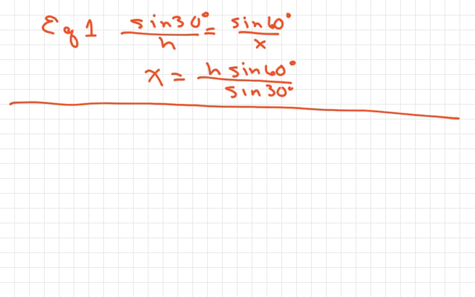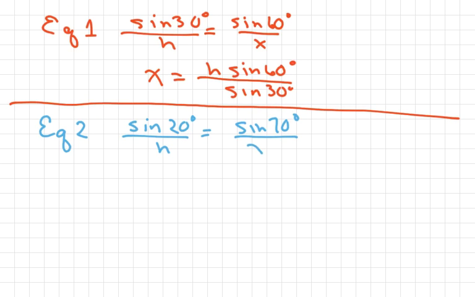And then I'm going to solve for x on the bigger blue triangle, and we get sine of 20 over h equals sine of 70 over x plus 40 feet. And I cross multiply.